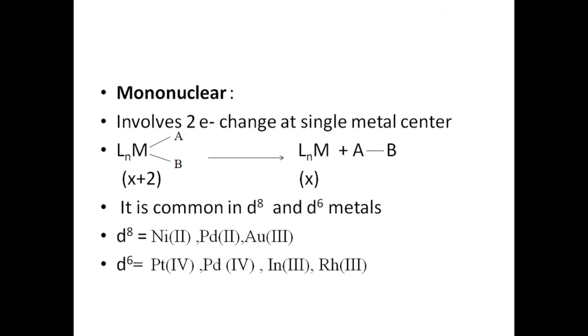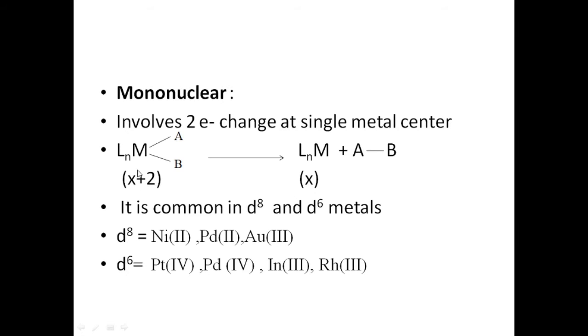In this elimination, there is a 2 electron change at a single metal center. This is mononuclear. This is an example of mononuclear reductive elimination. In this complex, both groups are eliminated from the metal, and the metal changes its oxidation state by 2 units.